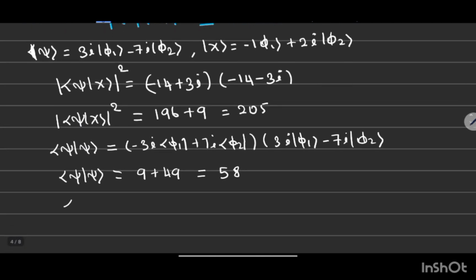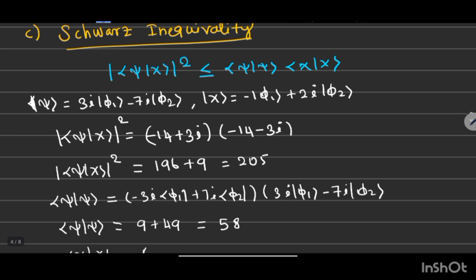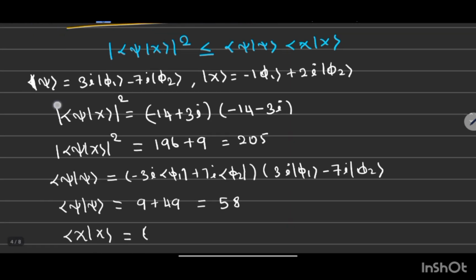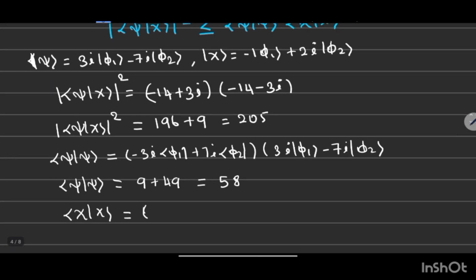Now what is the scalar product of chi with chi? You can easily write it: minus 1 squared plus 2 squared, so 1 plus 4, 5.